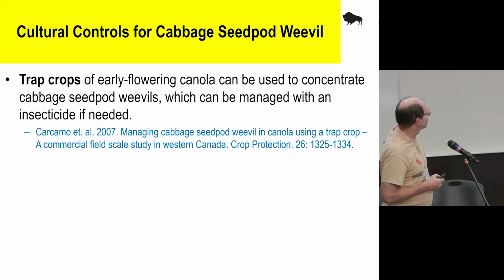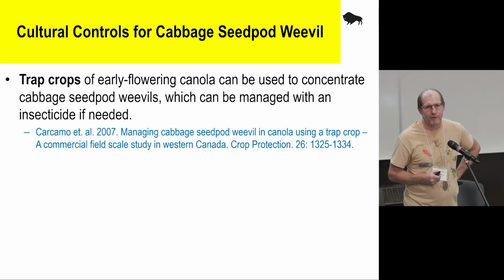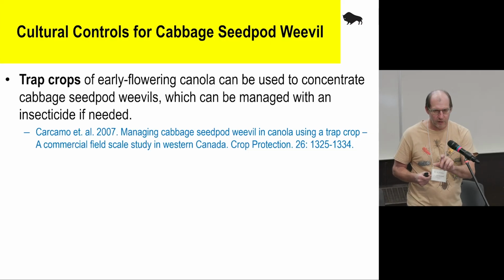One other thing, my last thing I want to mention about cabbage seedpod weevil. Again, they are attracted to the earliest flowering canola in an area. So trap cropping can work. That would mean planting some strips around the edge earlier than your interior, or planting a variety around the edge that flowers a bit earlier.